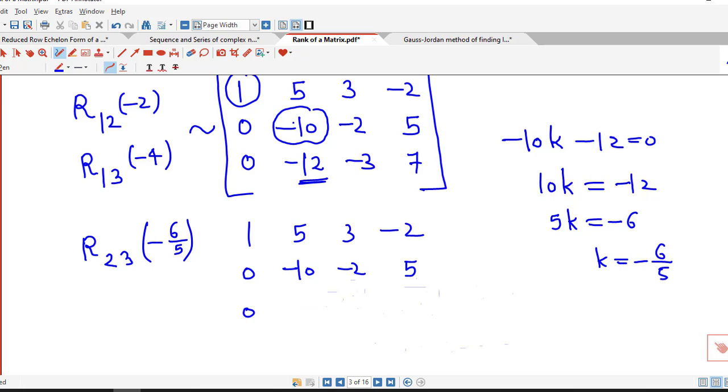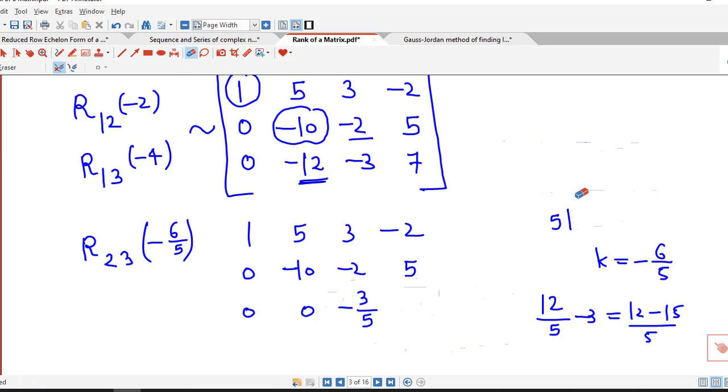This is 0, this is 0 as we checked. Then minus 2 into minus 6 by 5, that is 12 by 5, minus 3. So this is 12 minus 15 by 5, and it is nothing but minus 3 by 5.